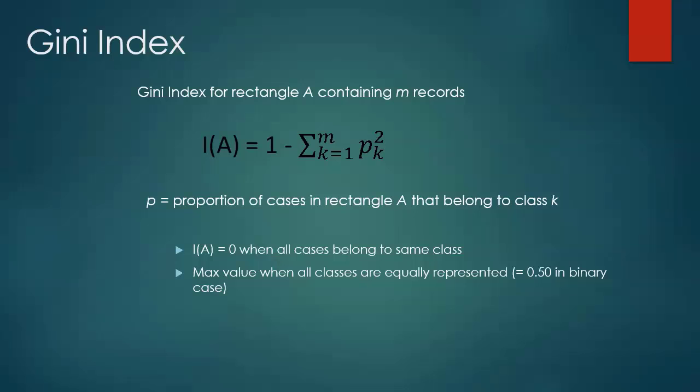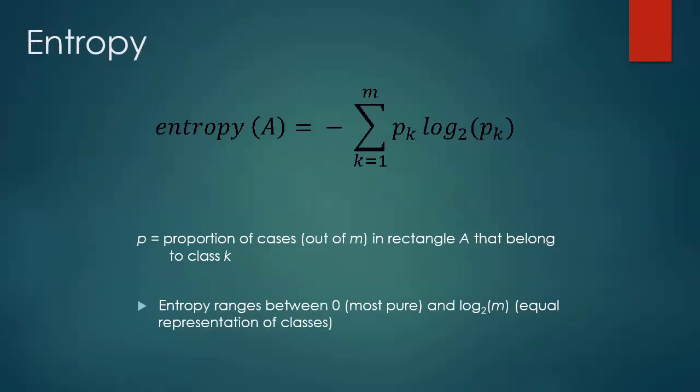The second metric that's used is called entropy. Entropy is in a way a measure of information. The formula is the sum of pk, where p is the proportion of cases that belong to class k when there are multiple classes, multiplied by log to the base 2 of pk.